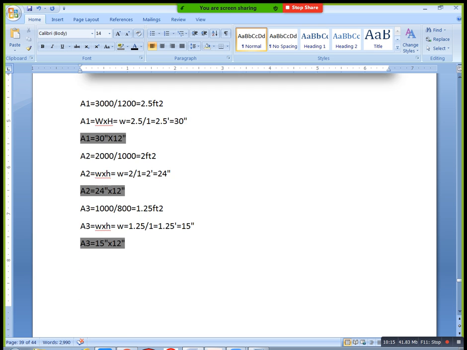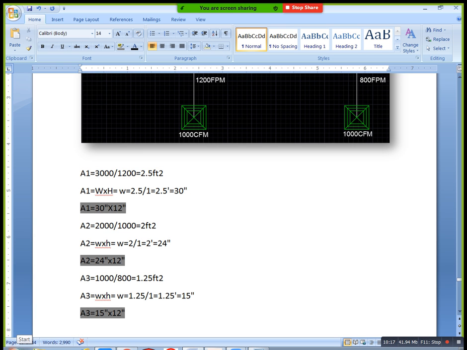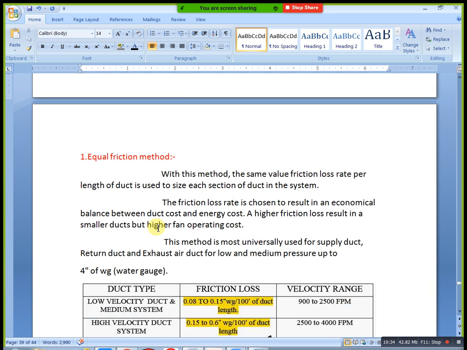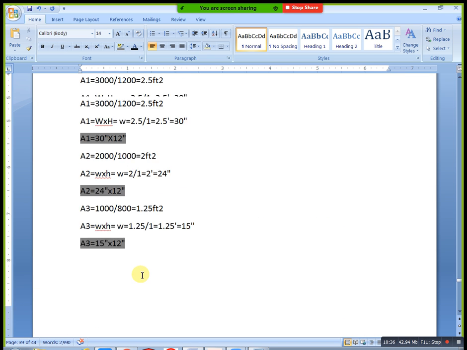Already in notes we have it, but if you need, you can note it down, that is better for you. Why? When you study your notes you will get some confusion, but when you take notes while the class is running, that is better for you, also for revision. Okay, now this topic is clear, na, only duct size.